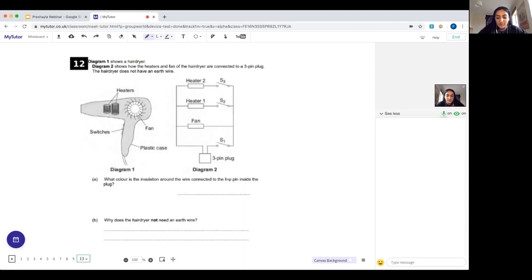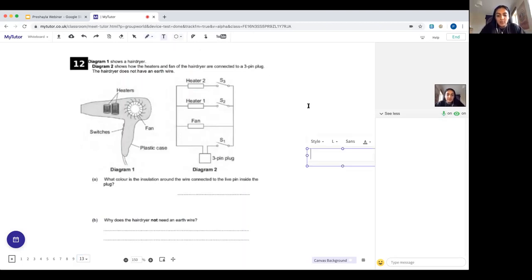It's just a kind of memorization, fact recall, what colour is our live? Think carefully about this. What colour is our live? Cool, I can see quite a few of you putting brown, which is good. Live is brown.